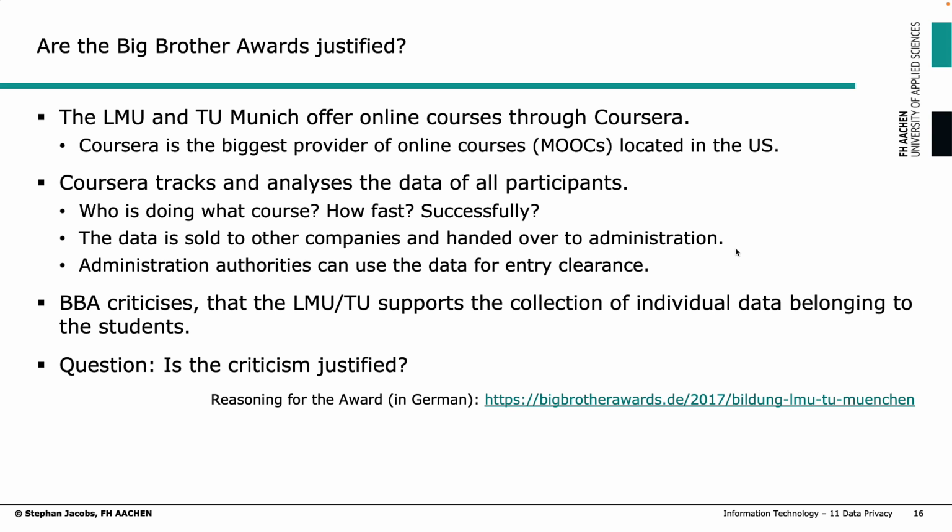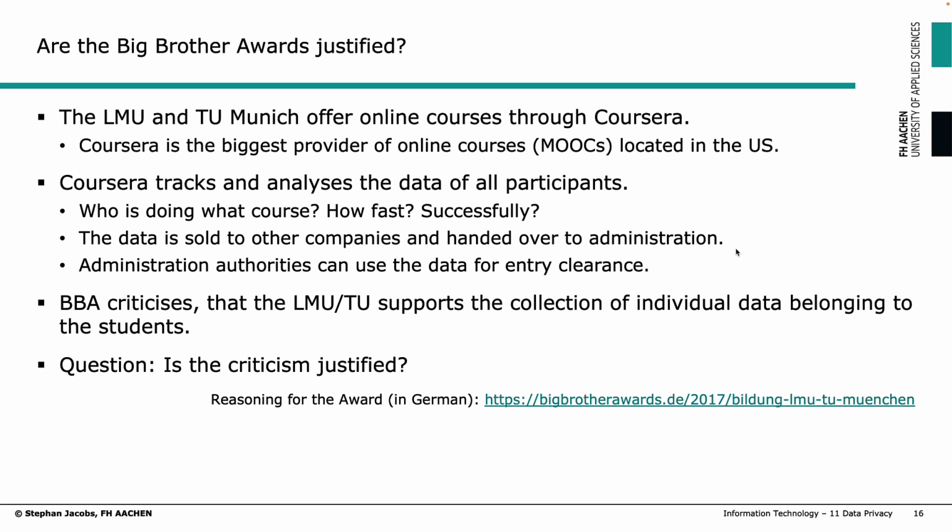And in the end, they can identify who might be a good student and who is maybe a little bit lazy or not that into the course. This data has been sold to other companies and handed over to administration. So why are companies interested in this data? They could really address students which seem to be successful, which seem to be one of the best 10%, and try to offer them a contract.